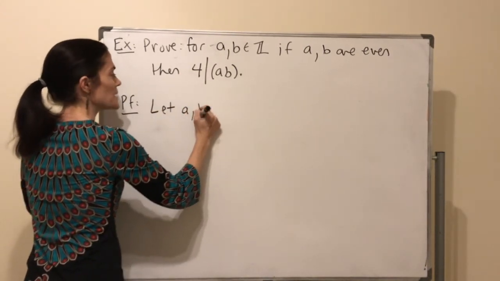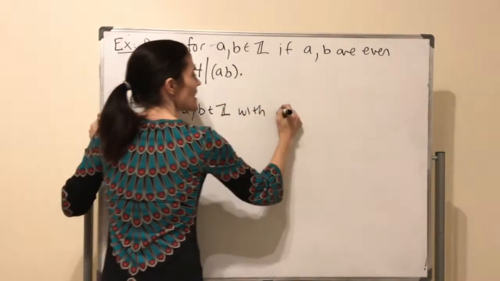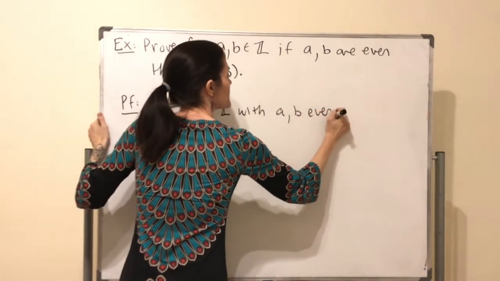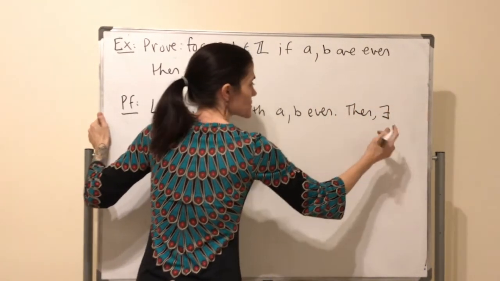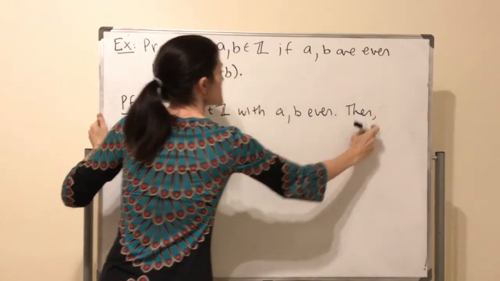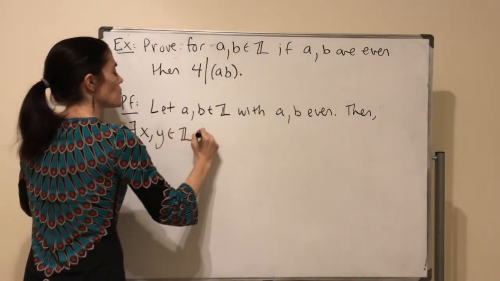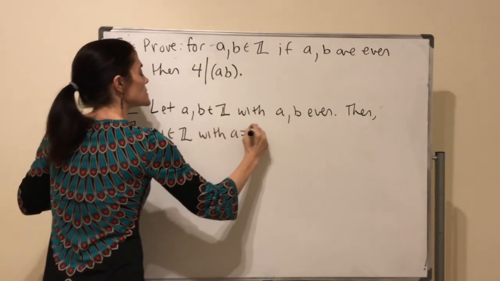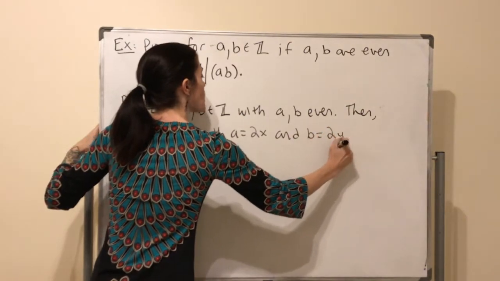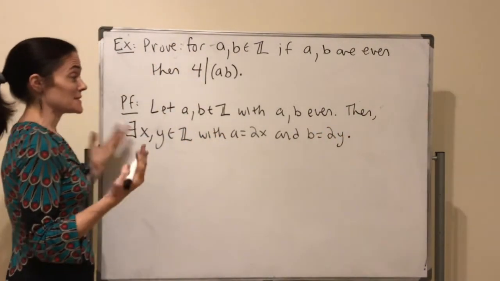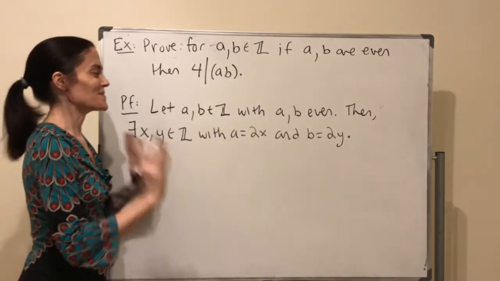So let a and b be integers, both even. Then, well, we have 2 integers. So there exist x and y with a is 2x and b is 2y. This was using the definition of even for both a and b.